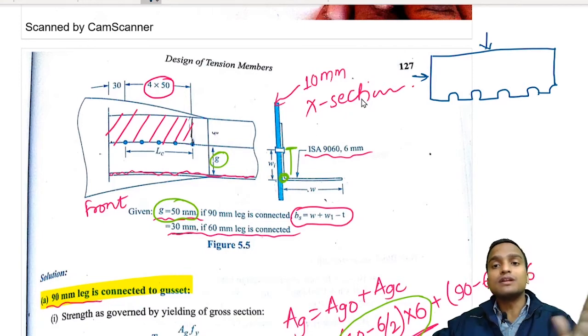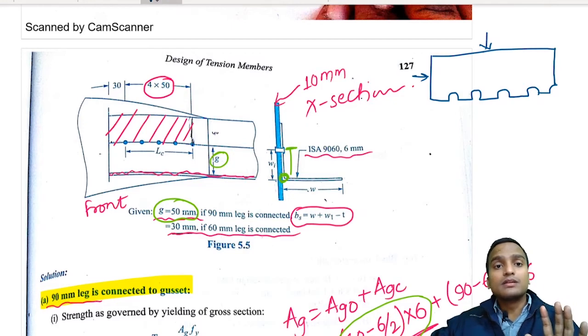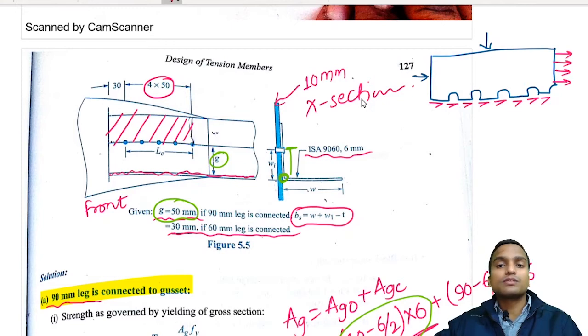So there are no internal forces being generated on these surfaces, but there are shear forces along this plane joining all the bolts, whereas there are tensile forces perpendicular to this plane. So there is only one shear plane and only one tensile plane in this case of block.